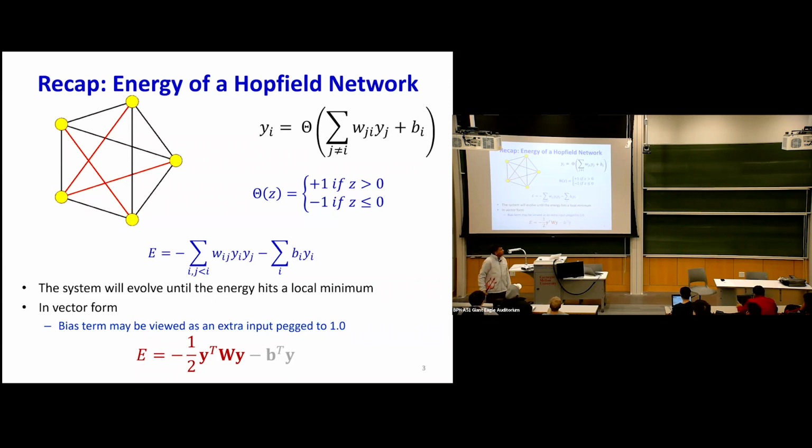So this evolution would continue until this energy term that we defined over here, which is the matrix inner product or the matrix norm of the current state of the network, which is basically the vector of the activations minus half this matrix norm. The network would continue to evolve until this converged to some local value.